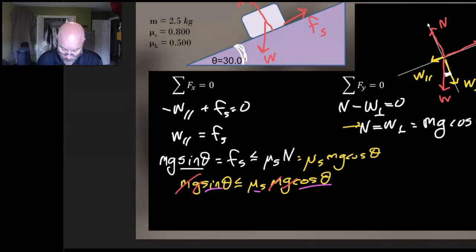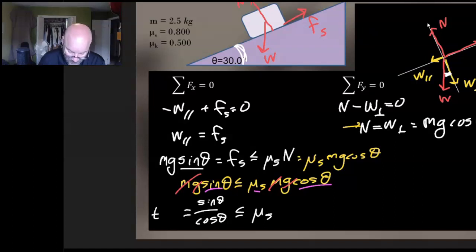Now, if we do just a little bit of rearranging on that, take my cosine to the other side. I've got sine theta over cosine theta has to be less than or equal to mu s. Sine over cosine is tangent theta. So let's look at the tangent of 30 degrees. The tangent of 30 degrees happens to be 0.577.